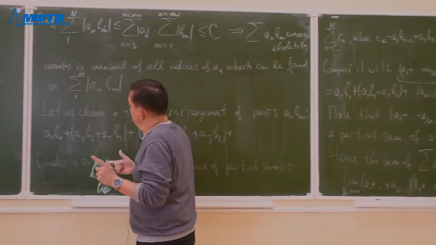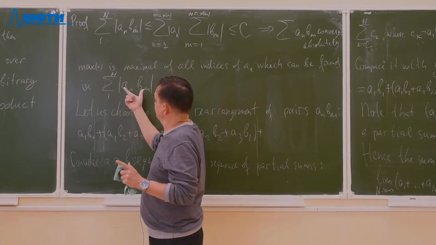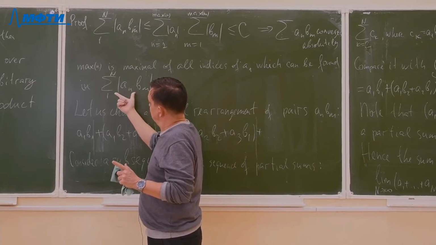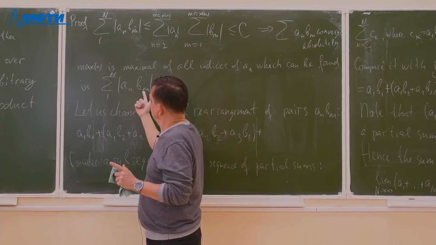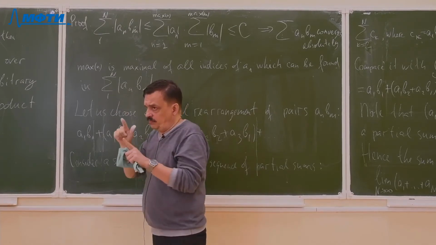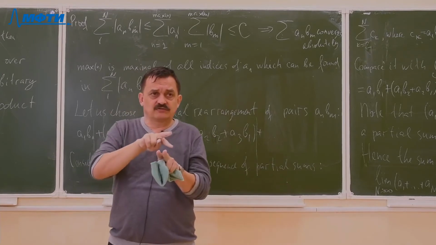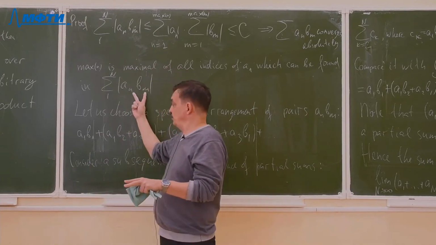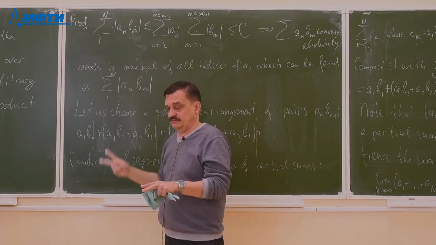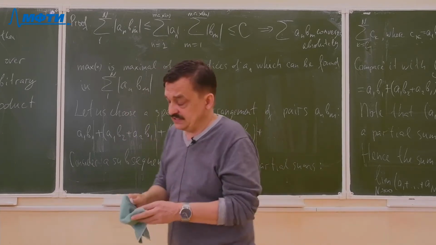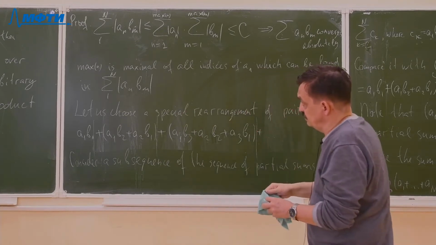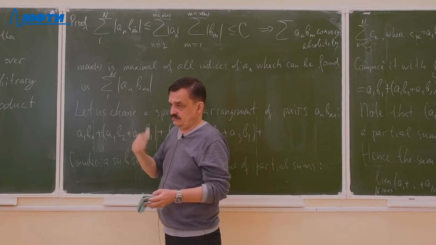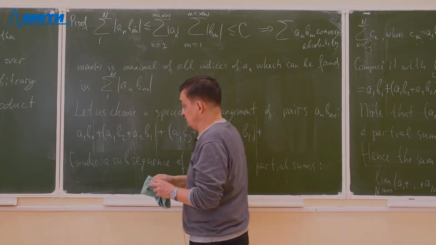First of all, we prove absolute convergence of a series which contains all possible pairs of An times Bm. So we take all possible pairs n and m, and we consider a series which is formed by all those possible products.